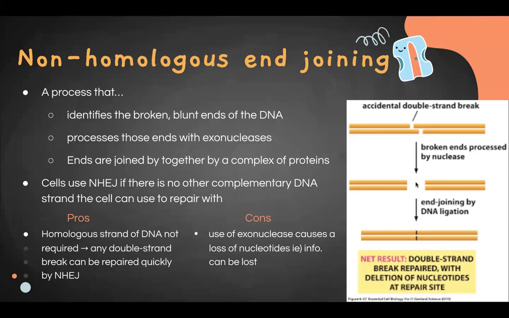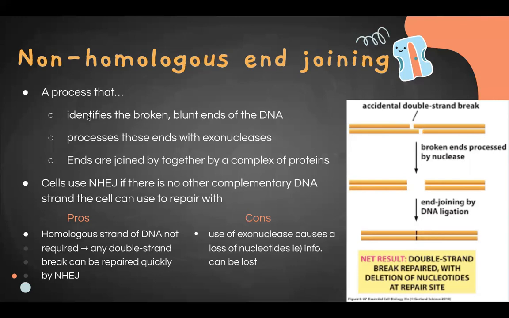As you can see on the right here, it finds where the DNA has been broken on each strand, because remember, it's likely that they will be broken at different points along each strand.